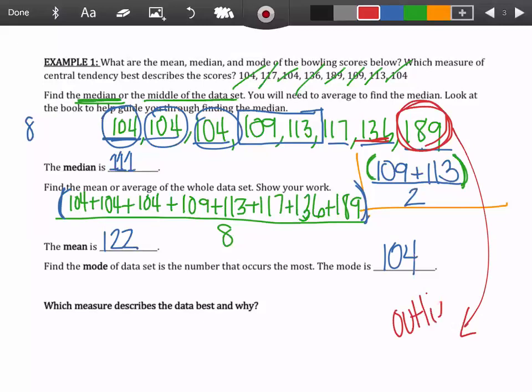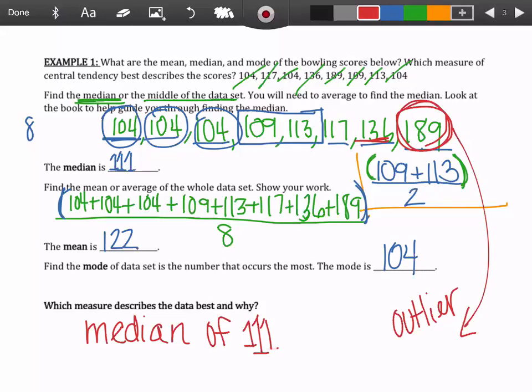And because 189 is an outlier, the median is the best to describe the data. The median is 111. So the measure of central tendency to describe the scores of this bowling match would be 111.